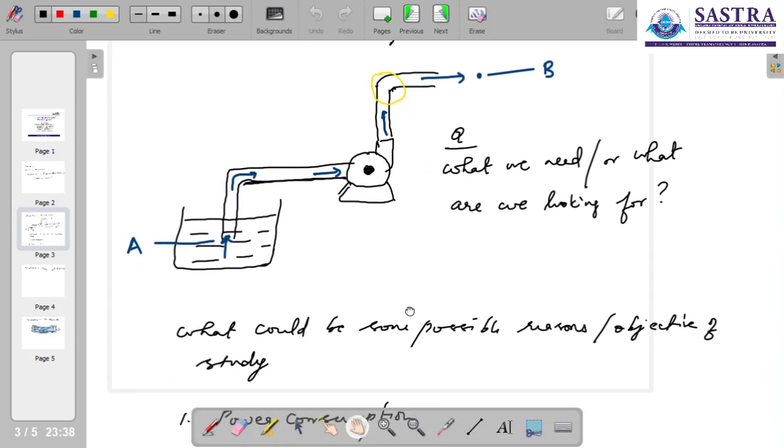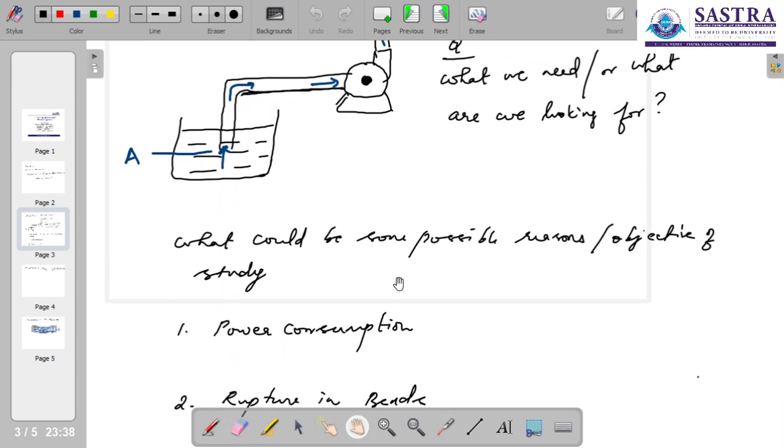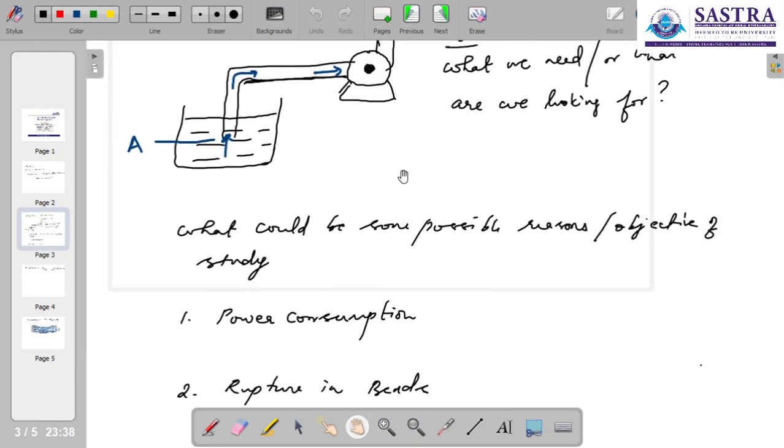Now if you can think for a while, one reason for which we are looking at this pipe flow network could be the power consumption, right? We want to know, for a given volumetric flow rate, how much is the energy rate.